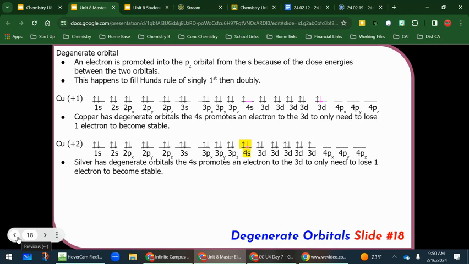Repelling. So that kind of works in their favor to want to get away from each other and move up to a different level. So an electron can get promoted into the pz orbital from the s orbital because of the close energies between the two orbitals. Okay? So sometimes electrons can get promoted up. This happens to fill Hund's rule of singly first and then doubly.